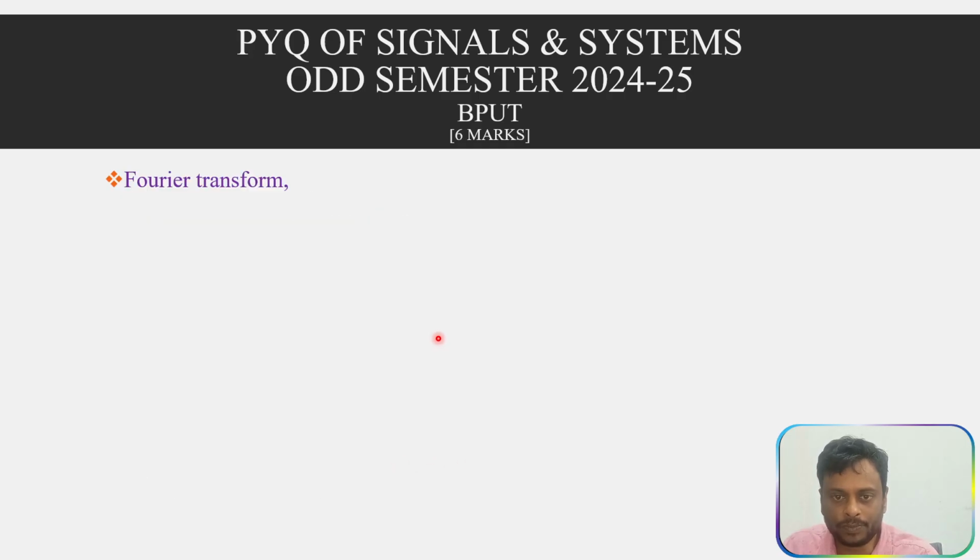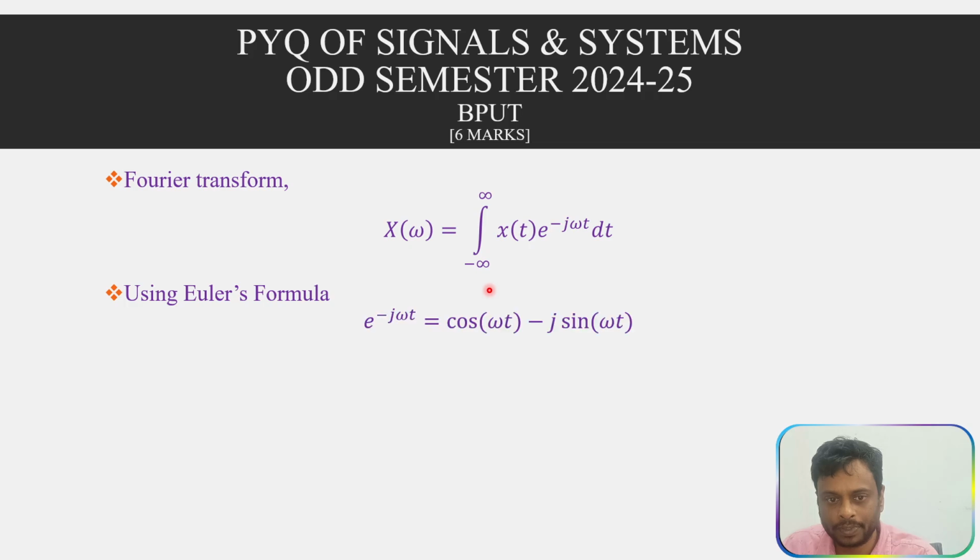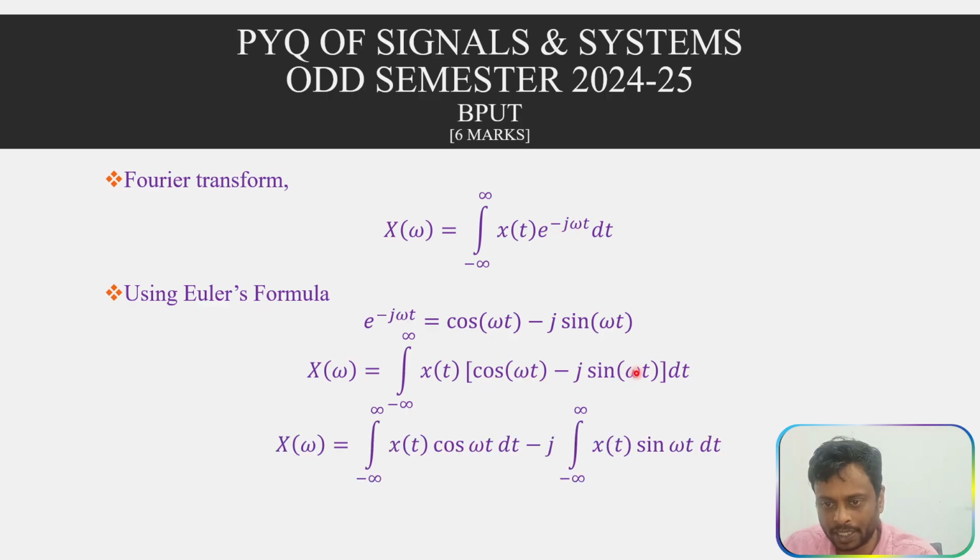Okay. Let us find out the Fourier transform. So X of omega equal to this one, the Fourier transform. So by Euler's formula, e to the power minus j omega t equal to cos theta minus j sin theta. Okay. Now X of omega equal to, put in place of e to the power minus j omega t, it is cos omega t minus j sin omega t.